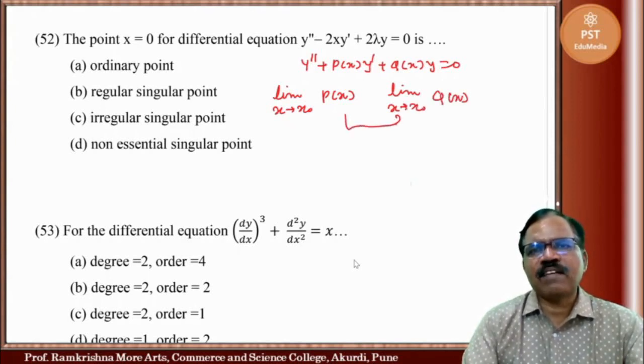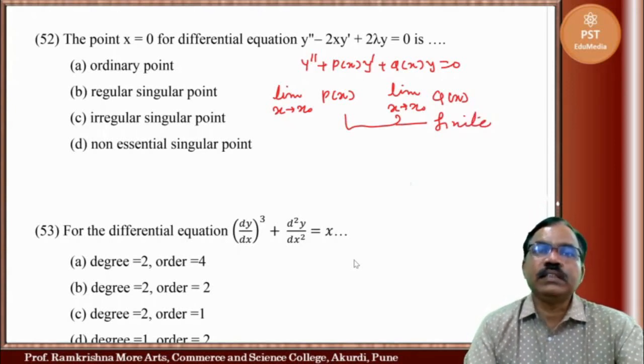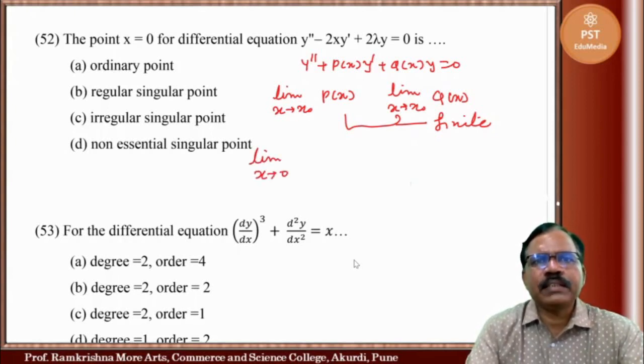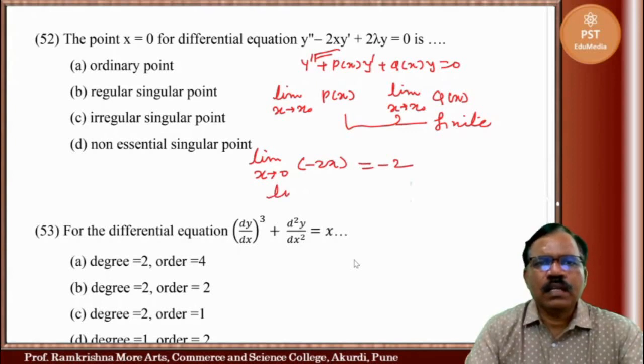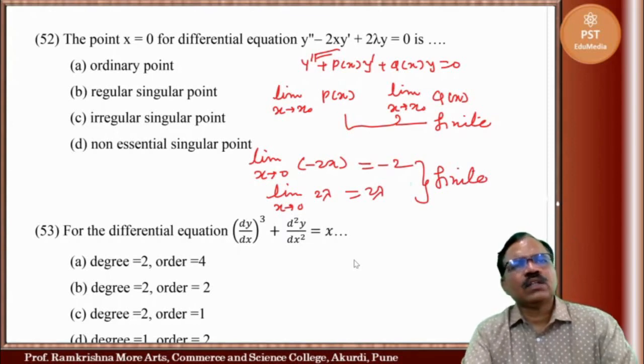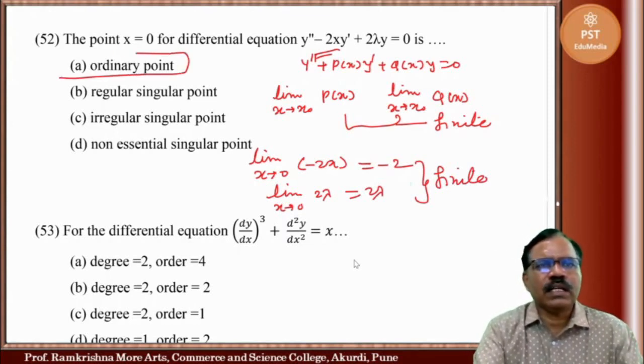If both are finite, then the point x0 is an ordinary point. Here we will check limit x tends to 0, p of x is minus 2x, and it comes out to be 0. Limit x tends to 0, q of x, that is 2 lambda. So it is 2 lambda. So both are finite. So x is equal to 0 is an ordinary point.